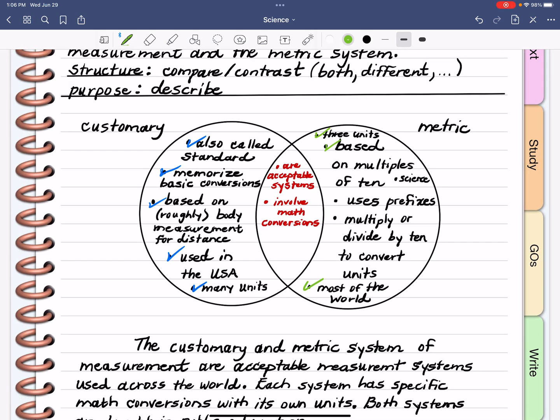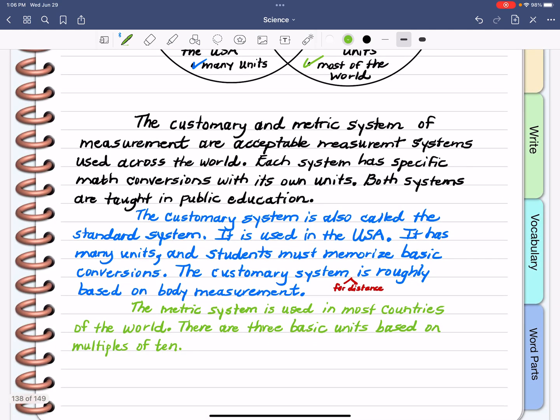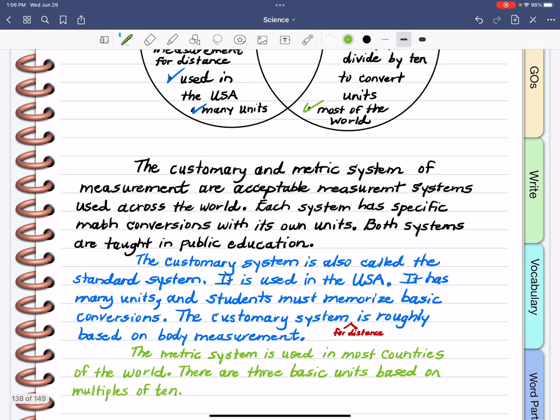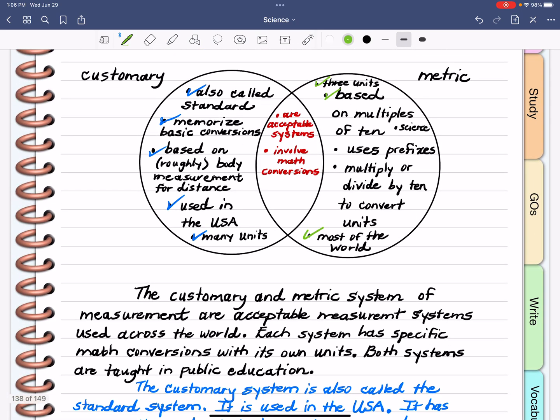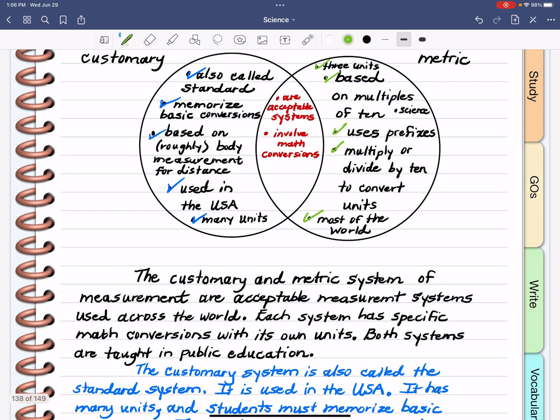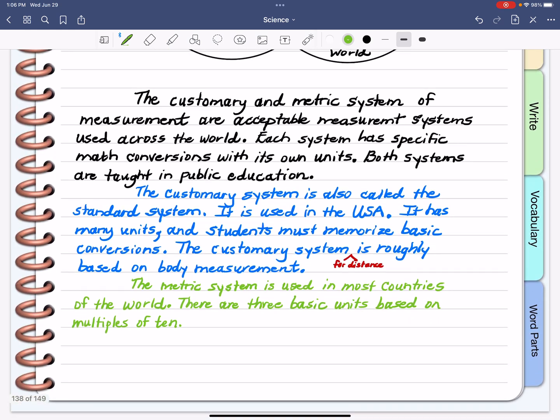Let's see what we have next in the blue. Students memorize basic conversions, so that's telling us how to do the math. This one, we're going to use prefixes that tell us whether to multiply or divide by 10.